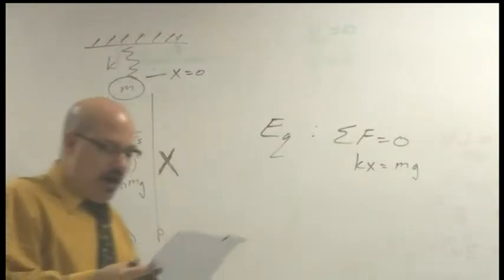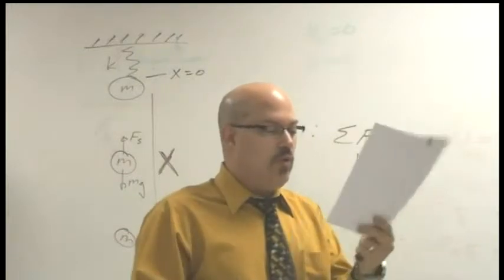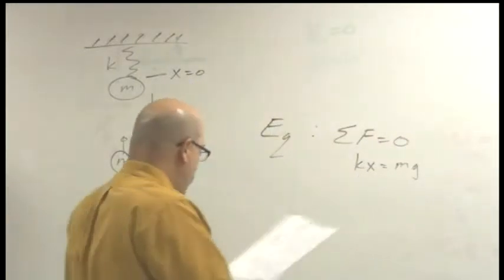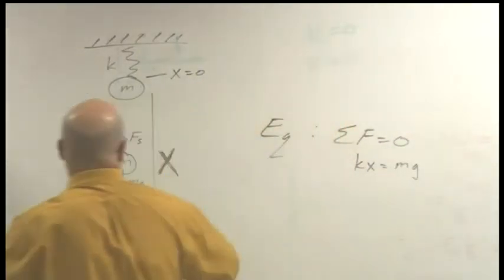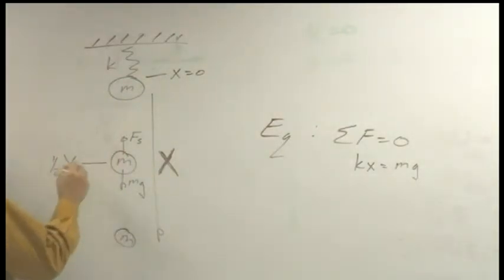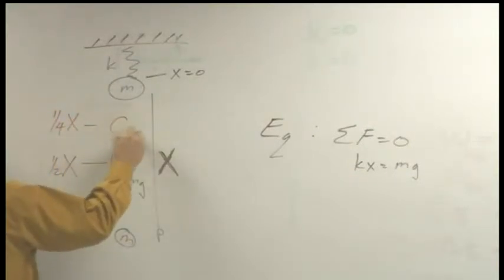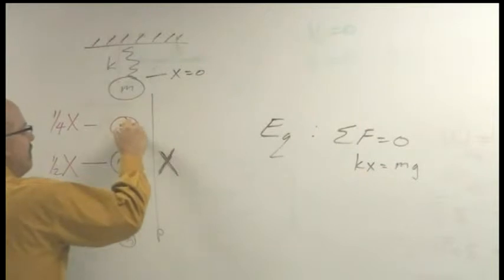Your question is: what's the speed of the mass when it's at 1/4 x? What's its velocity right there?